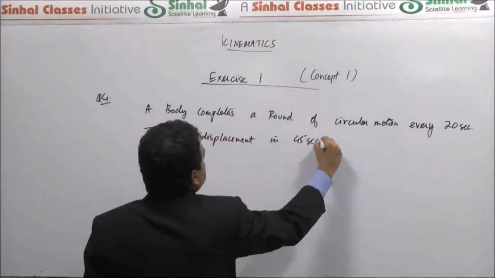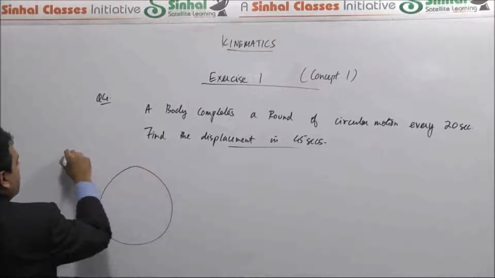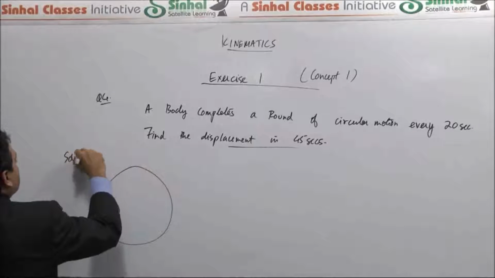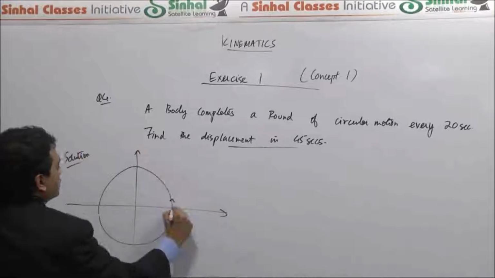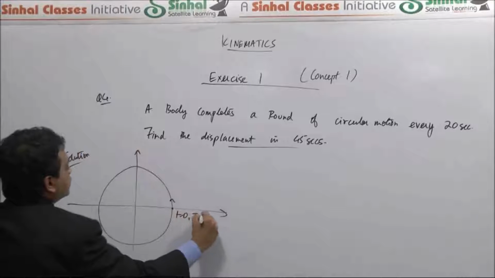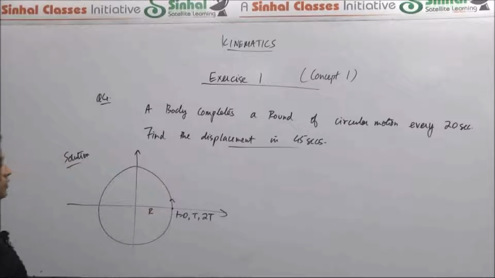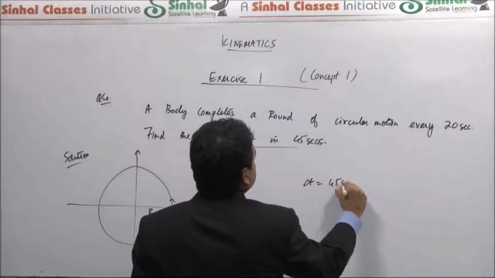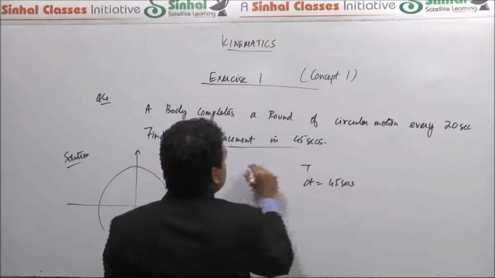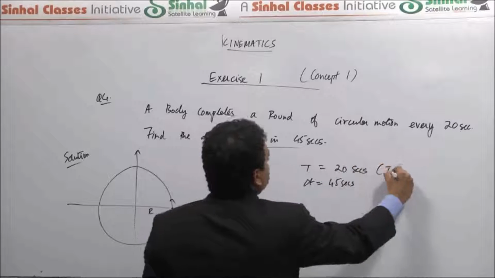This is essentially a question like this, that a body is in circular motion like this. Let's say it starts at t equal to 0. So every T seconds it comes back like this. So the given interval of time is 45 seconds, okay, whereas the time period is 20 seconds.